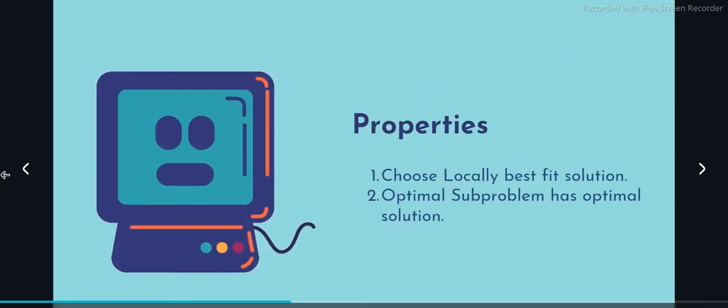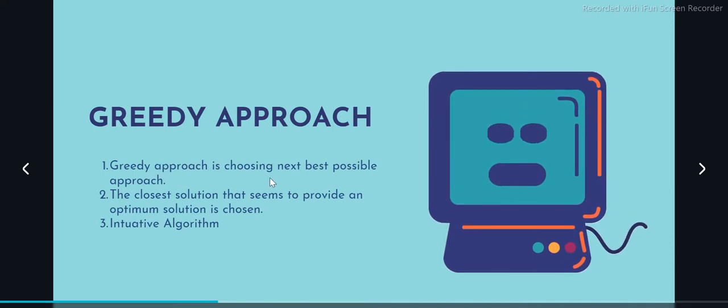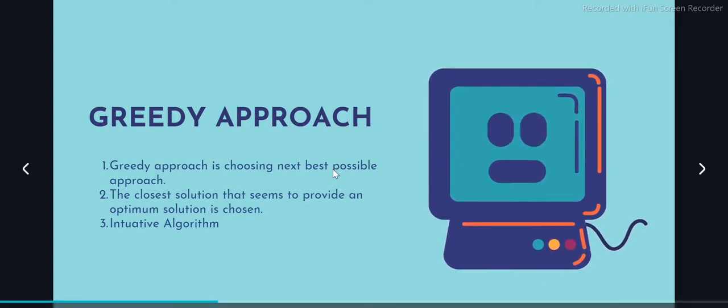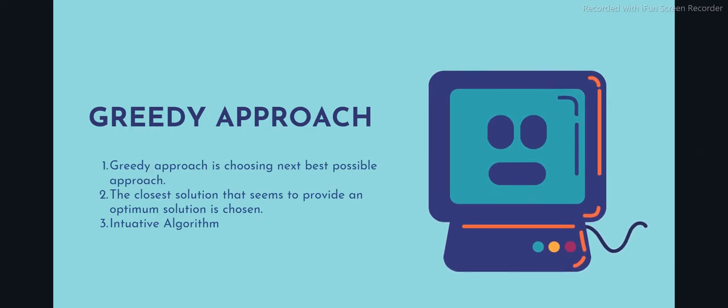So what is actually the greedy approach? The greedy approach is choosing the next best possible solution without knowing whether it will be perfectly right at the end or not. It just focuses on the present.